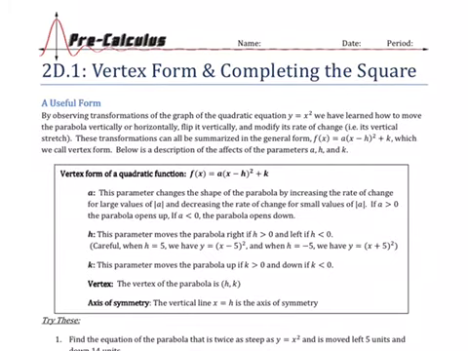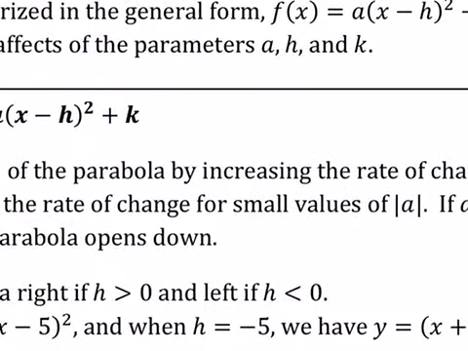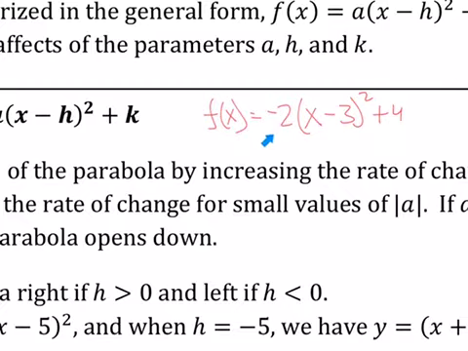And the form's real handy because if we take an equation, something like this, f of x equals negative 2 times (x minus 3) squared plus 4. So we know that this negative is going to flip it upside down.